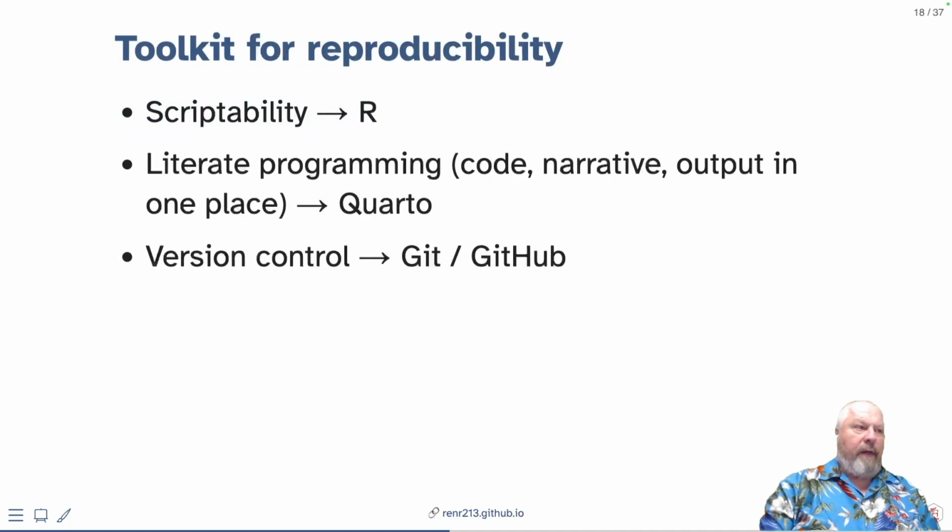So the toolkit for reproducibility that we're going to be using: scriptability is something that will allow you to have all of the steps required for analysis in a script.